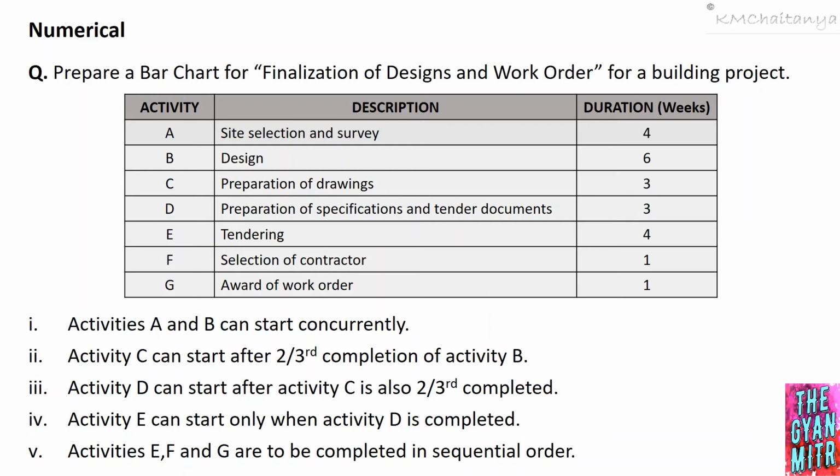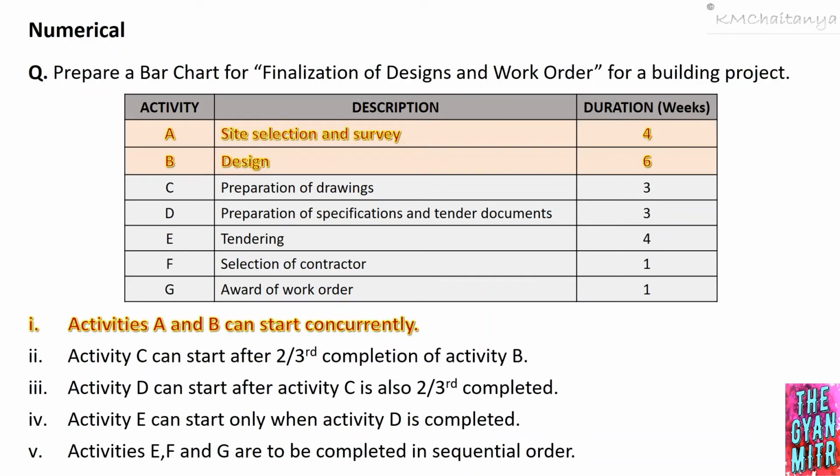Activity F is the selection of contractor, taking 1 week. And activity G is the last activity, that is award of work order, it is taking 1 week. Now let's look into the different relations, and then let's prepare a bar chart or the Gantt chart for this project.